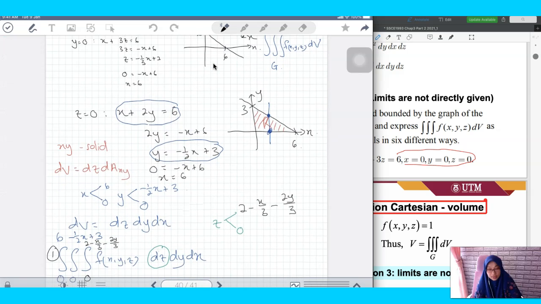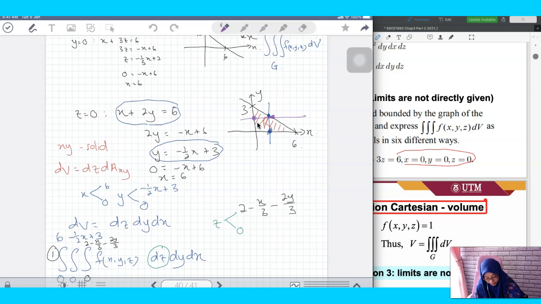But now, instead of choosing x constant as just now, we have to choose y constant. So now this is the point that you have to focus on.